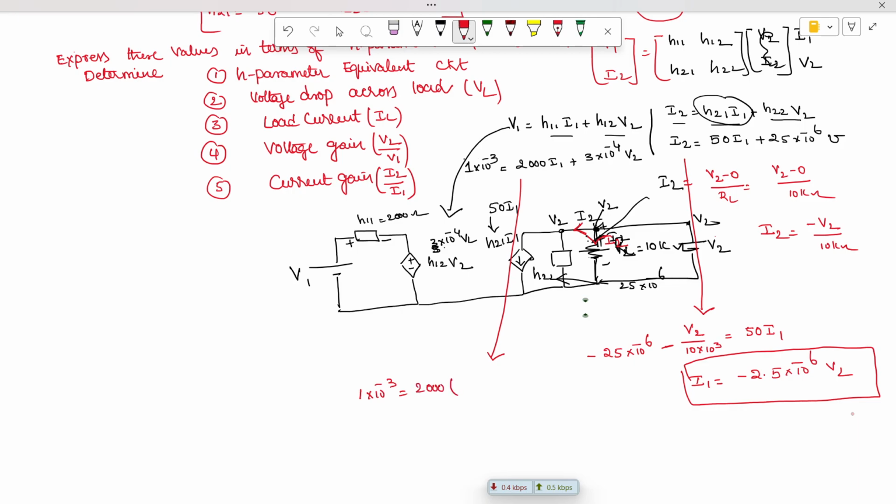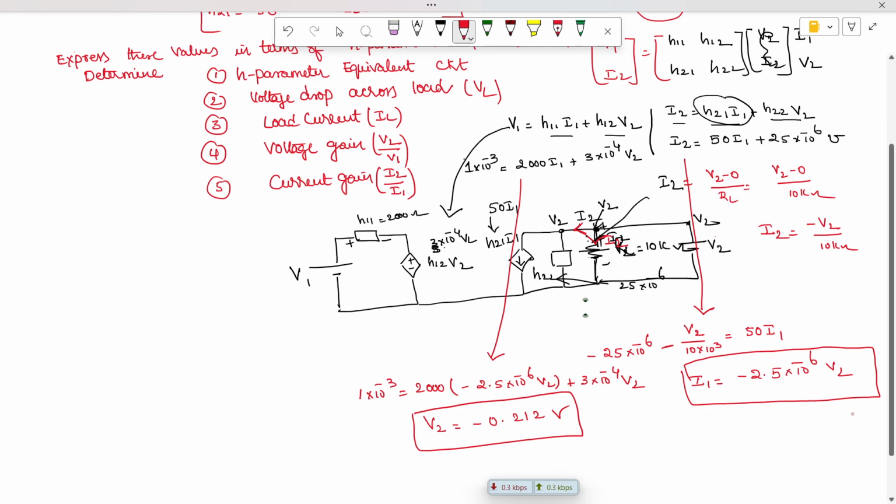How to write down I1 is minus 2.5 into 10 to the power minus 6 V2 plus 3 into 10 to the power minus 4 V2. Then if you solve this, you are going to get V2 is equal to minus 0.212 volts. So this is the load voltage.